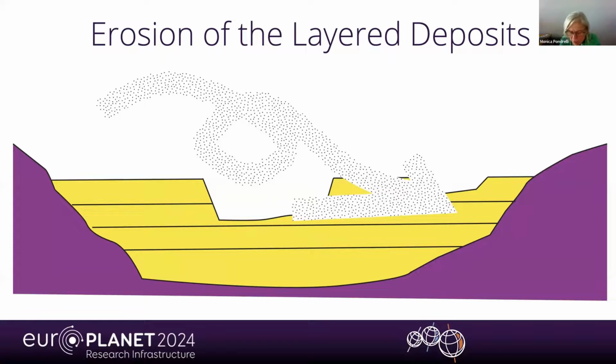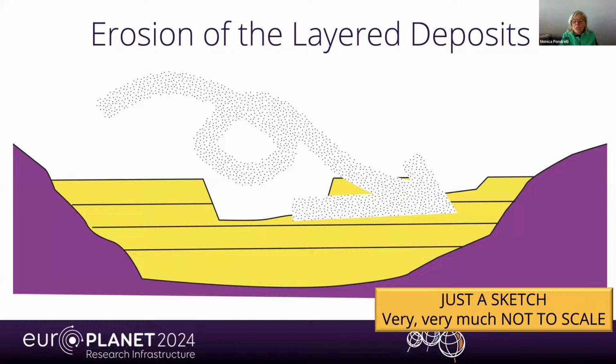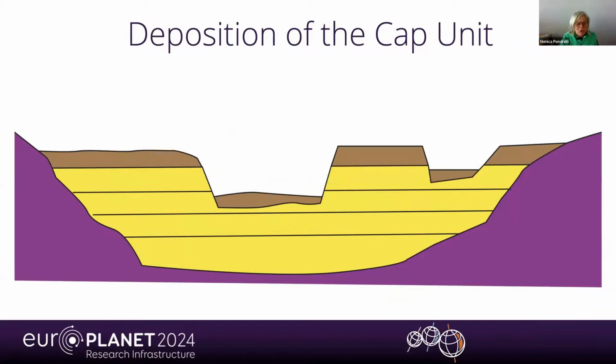Again, this is science, so this is something that should be addressed later. But what we can see is that we have erosion. Again, this is just a sketch. And later, the deposition of the cap unit, which of course occurs at different elevation because the physiography which was present at the time of its deposition was irregular.